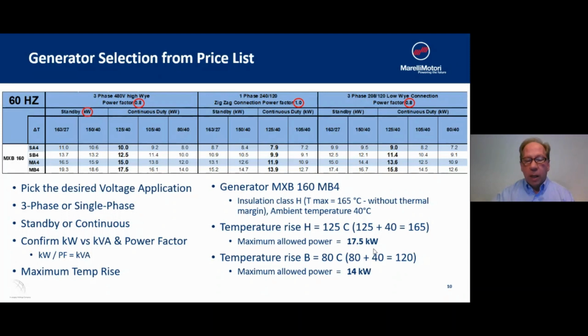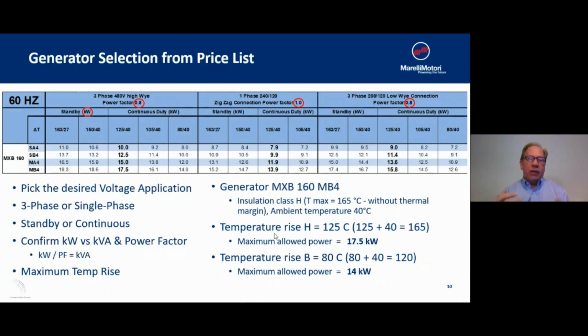The maximum allowed power for this unit at that temperature rise is 17.5 kW. If we look at temperature rise B, which allows for an 80 degree C rise over the 40-degree ambient for a total of 120, this is rated at 14 kW.